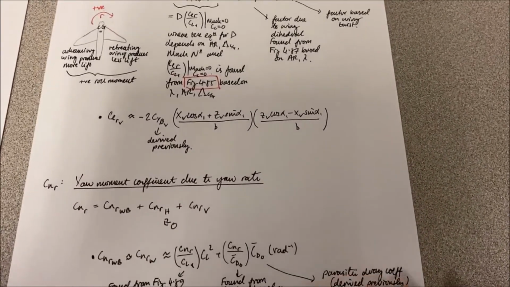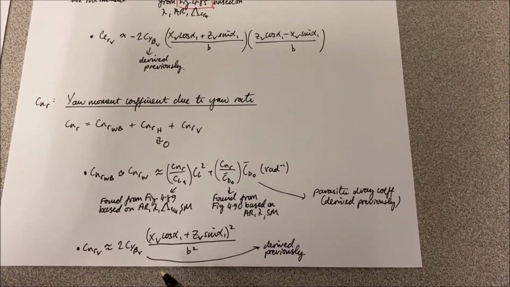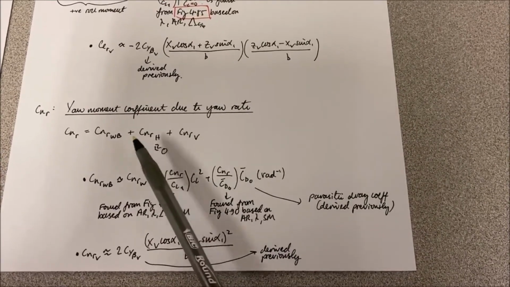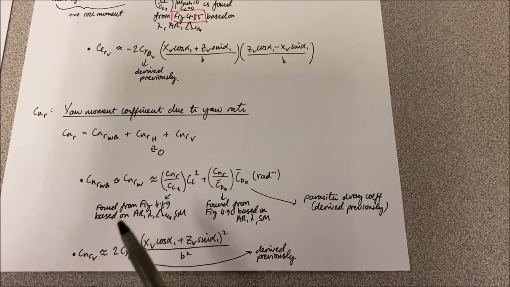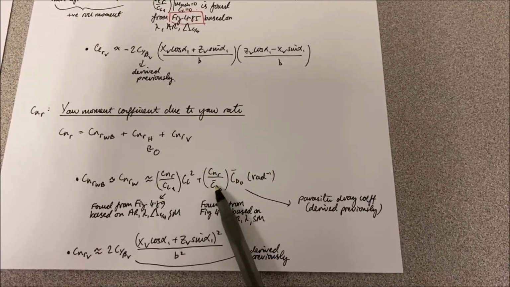So that leads us to our final coefficient and the final part of chapter 4, which is the yaw moment coefficient due to yaw rate. Again, we split it up. The horizontal tail component is 0, and then we have coefficients which we look up from the charts.